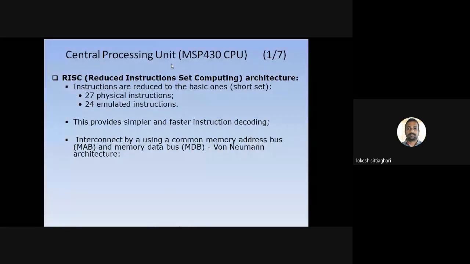If I go for the CPU, it has a RISC, reduced instruction set computing, architecture. It has 27 physical instructions and 24 emulated instructions. The difference between them is that the physical instructions have default opcodes directly, whereas for the emulated instructions, the assembler and compiler will generate the mnemonic depending upon our requirement.